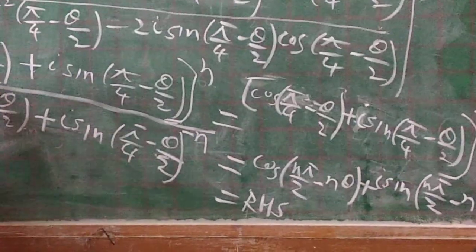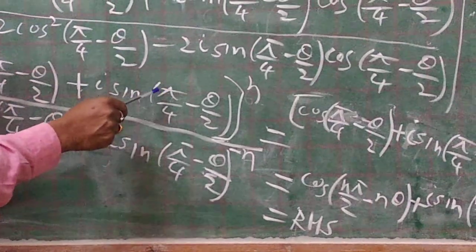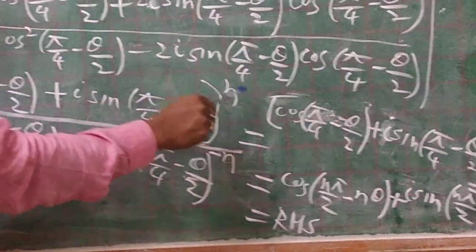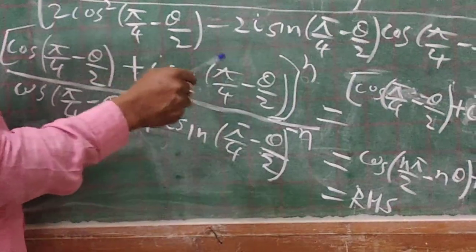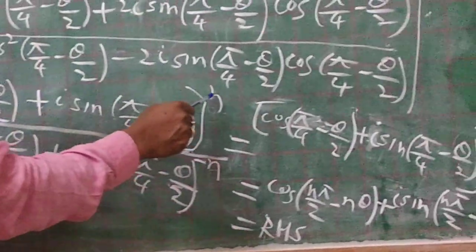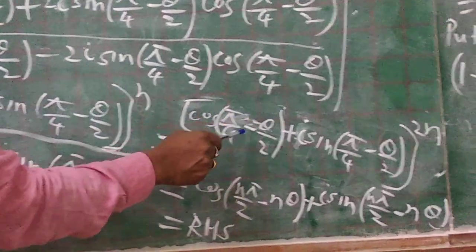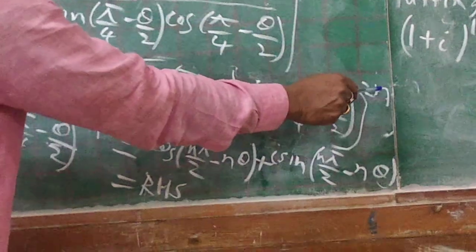Now we are using De Moivre's theorem. So (cos theta + i sin theta) raised to n is cos n theta + i sin n theta. So that becomes cos of n(pi/4 - theta/2) + i sin of n(pi/4 - theta/2).